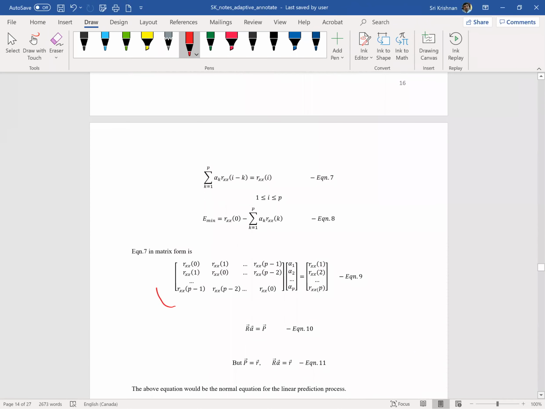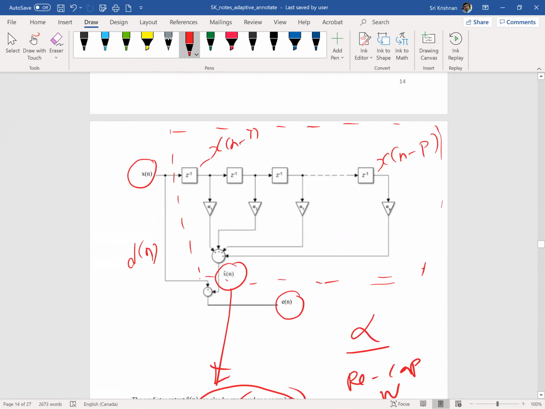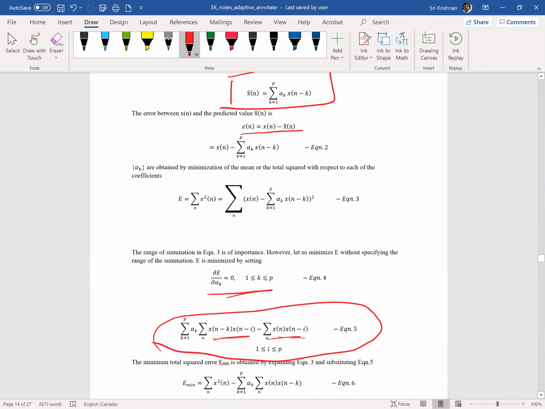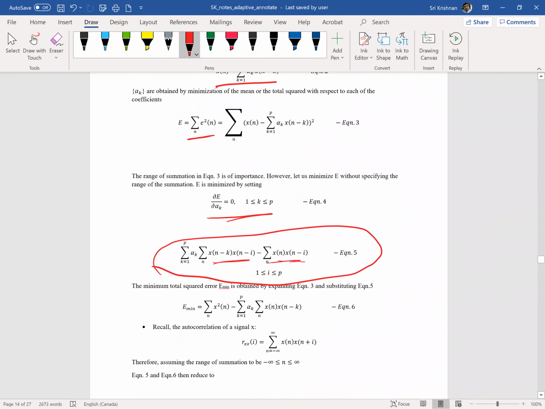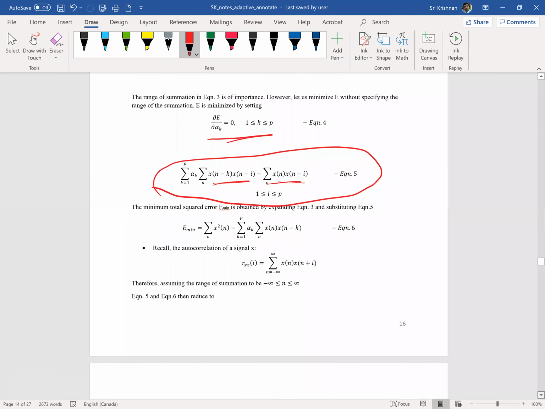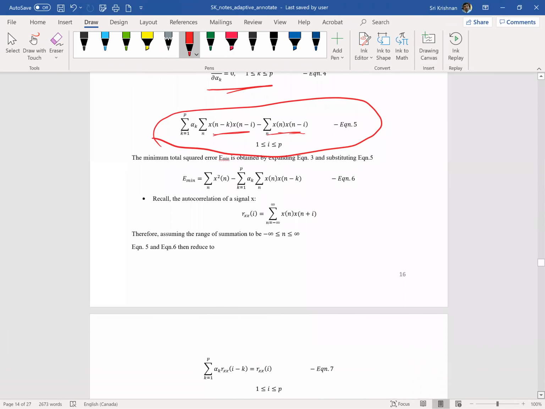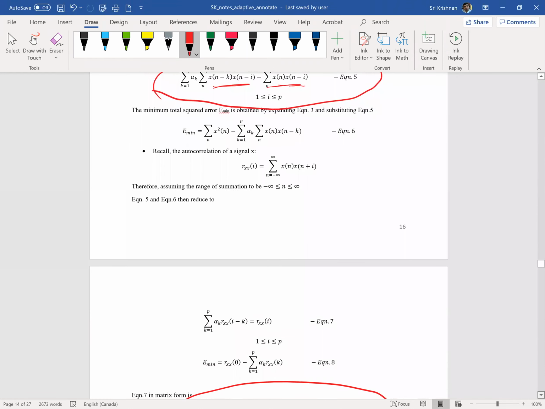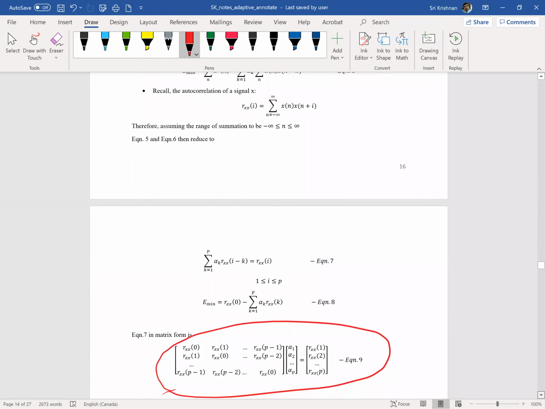So the whole algebraic expression which we just talked about in the previous equation, equation 5, for example, could be written in a convenient matrix form without any loss of information. Equation 5 could be rewritten into equation 9 in a matrix form.